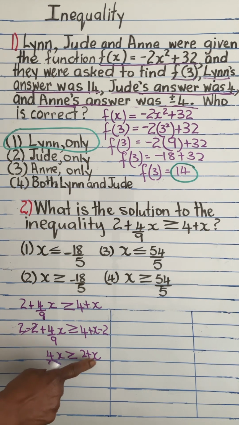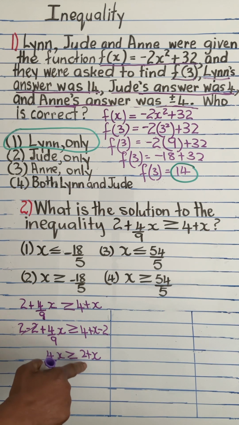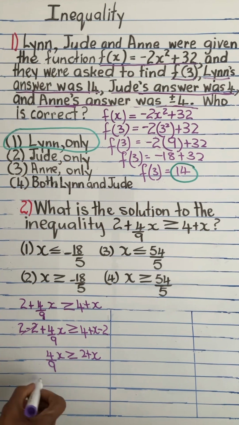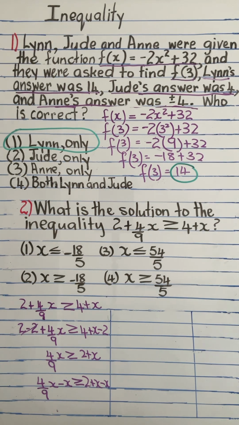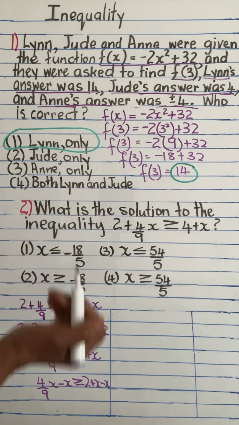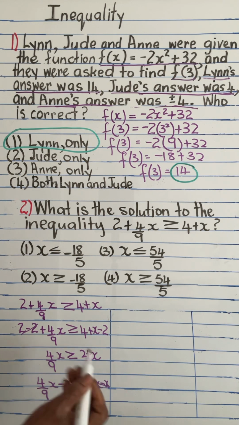So now let's get rid of this x from this side. So we're going to minus x from both sides. So 4/9 x minus x is greater than or equal to 2 plus x minus x. And this will cancel.